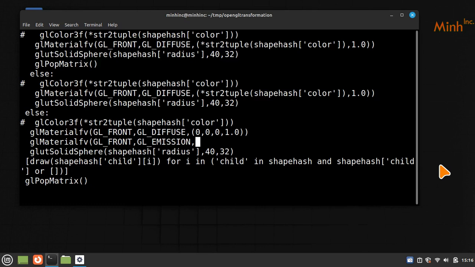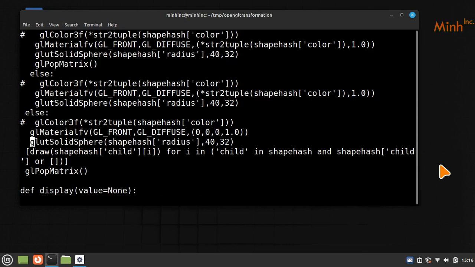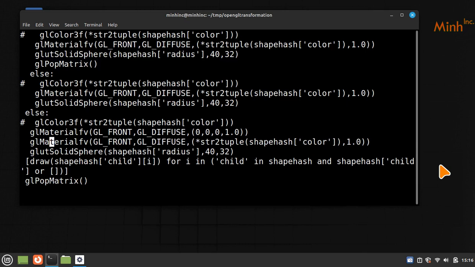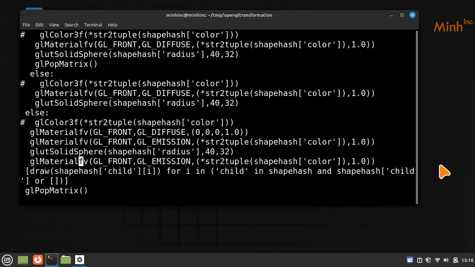And what is the emission color? It is the same. I believe I can copy this. GL_FRONT, and it is emission, and the emission color is the same thing we see. Now once this is drawn, we'll set emission as 0.